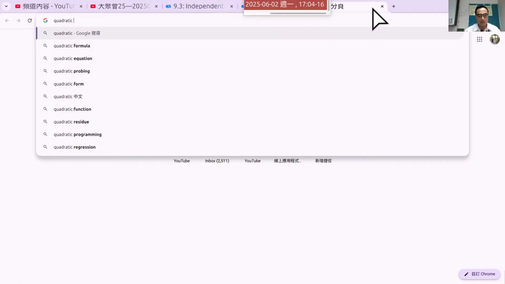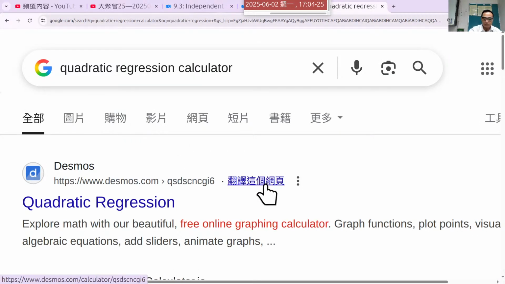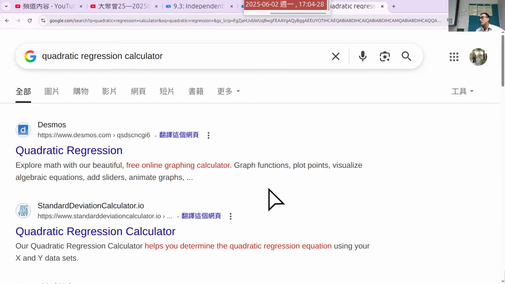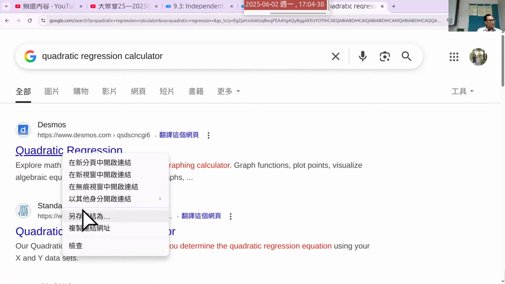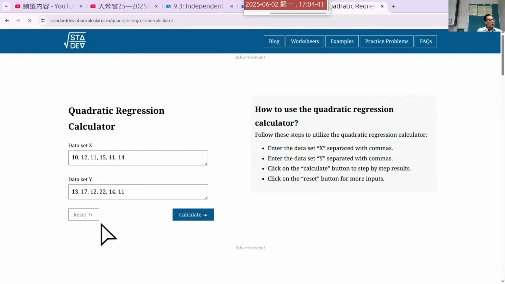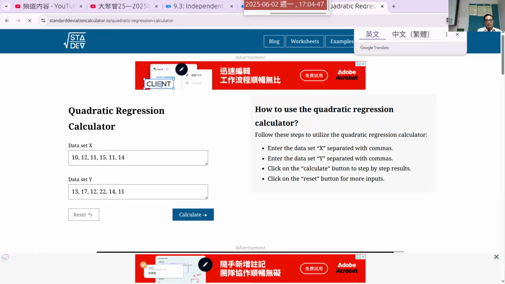Quadratic regression calculator. Yeah. In the future, if you need to find whether there is any correlation between two data sets, you can select this.